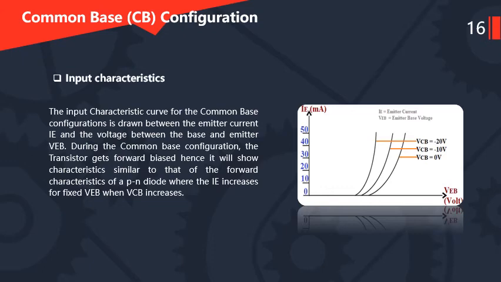During the common base configuration, the transistor gets forward biased, hence it will show characteristics similar to the forward characteristics of a PN junction diode, where IE, the emitter current, increases for a fixed VEB, the emitter base voltage, when VCB increases.